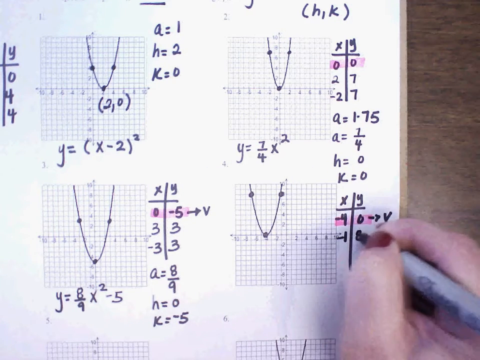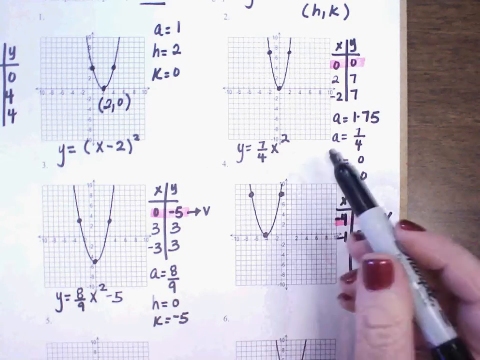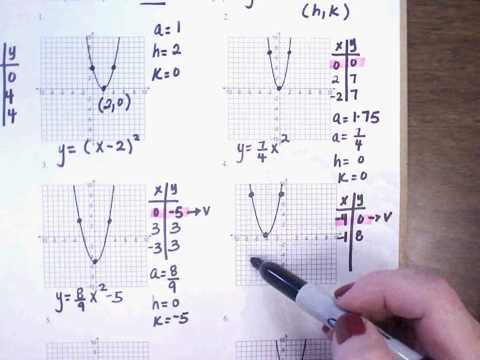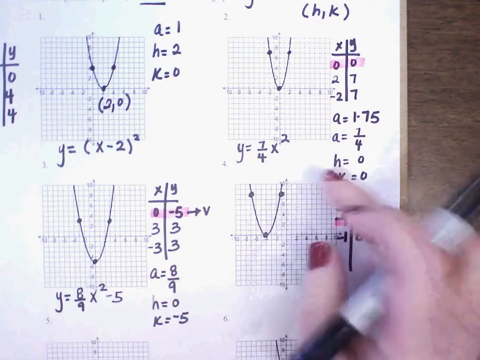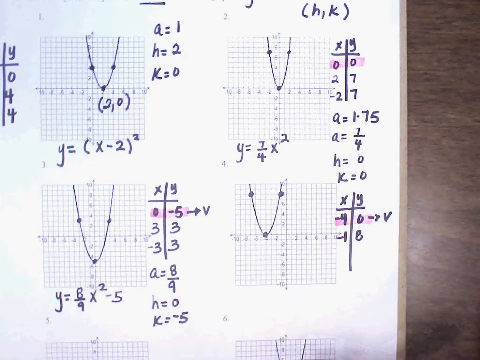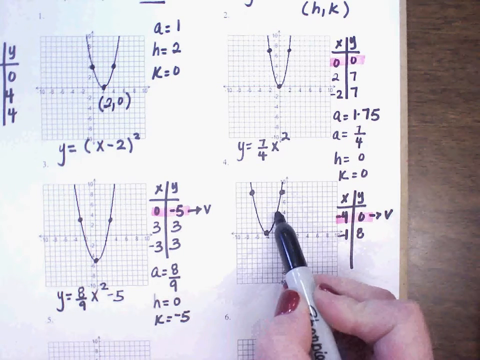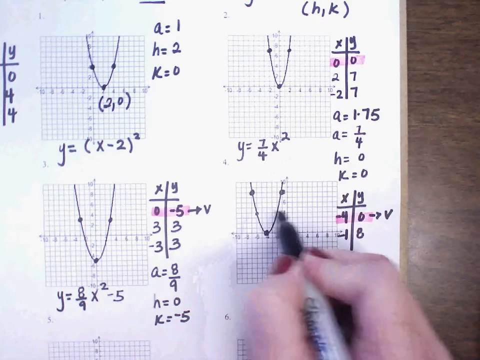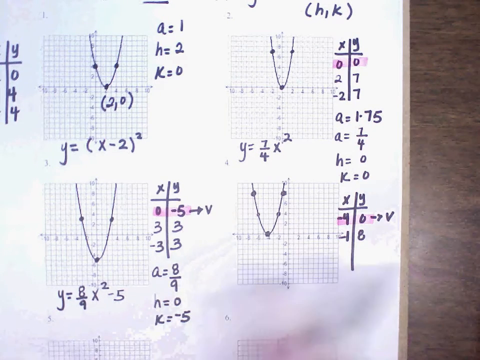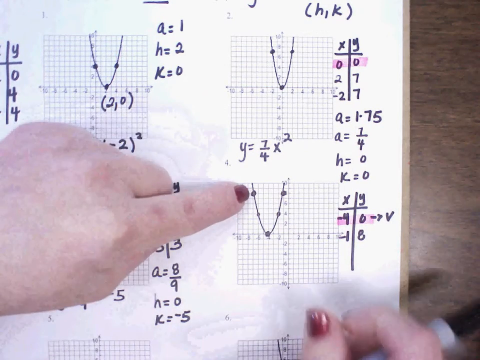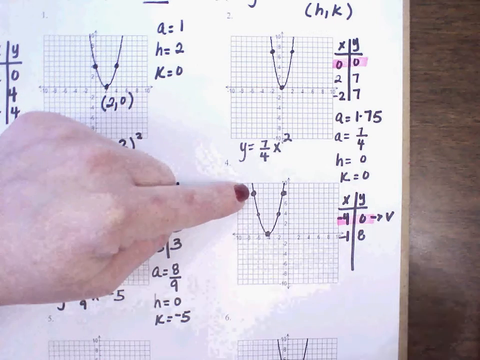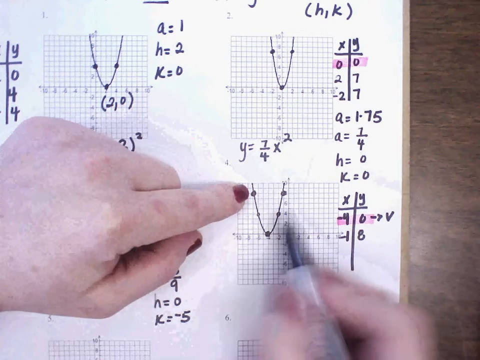So negative 1 and 8. You can read those two. I picked the top ones. I think we're going to get the same thing. She's right, you can also read this too. It really doesn't matter. I'm going to still go with the highest one, but you should get the same thing.